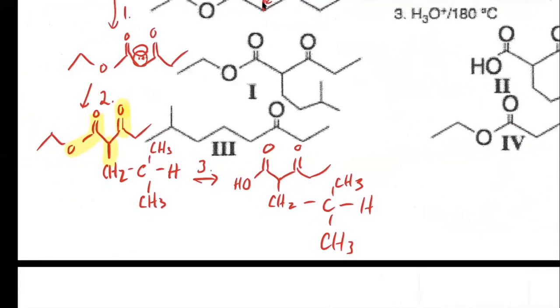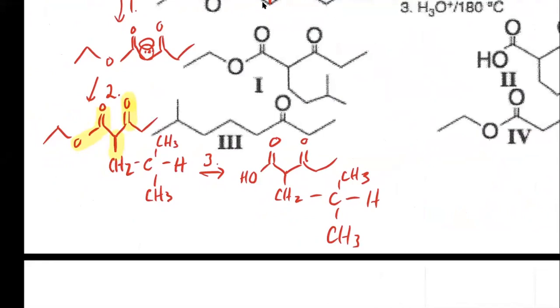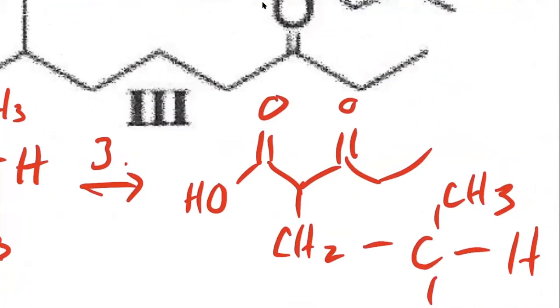So what we had here was the hydrolysis of that ester, and we formed a carboxylic acid. And when we do that, we have this special type of functional group where we have a carboxylic acid, and then we move over to the beta carbon.